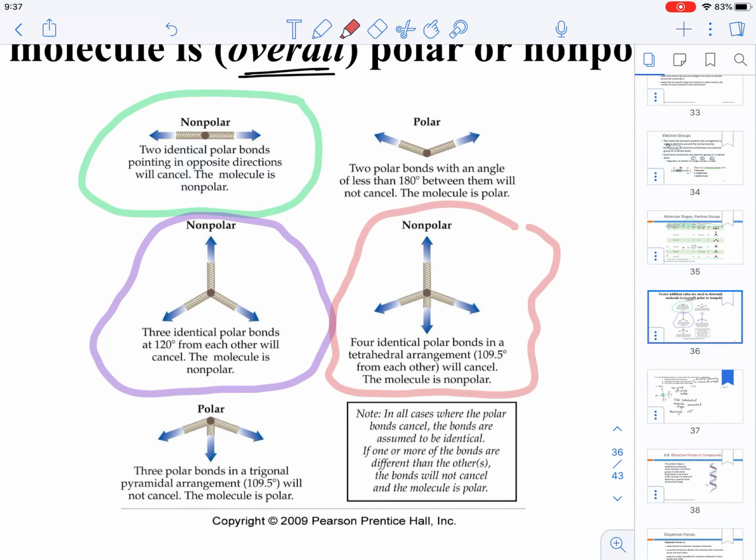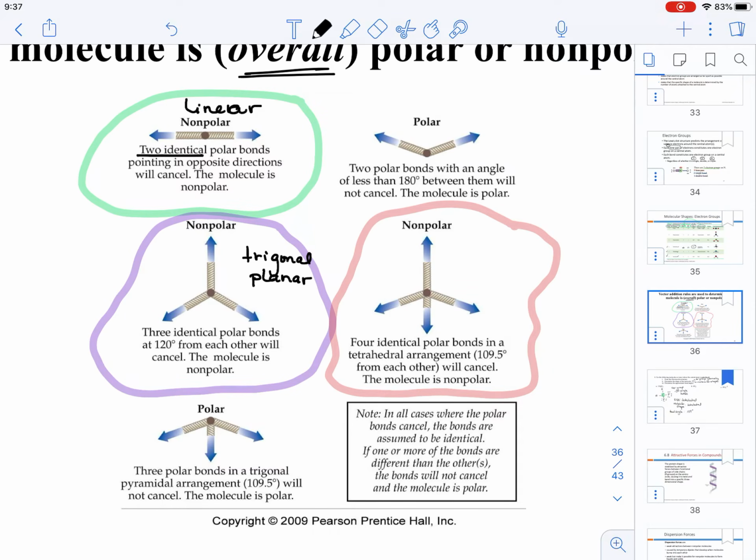The reason why I want you to focus on these is because the one in green is what makes a linear molecule nonpolar. And for a linear molecule to be nonpolar, it needs 2 identical groups on either side. The one in purple, these are the rules for a trigonal planar molecule.